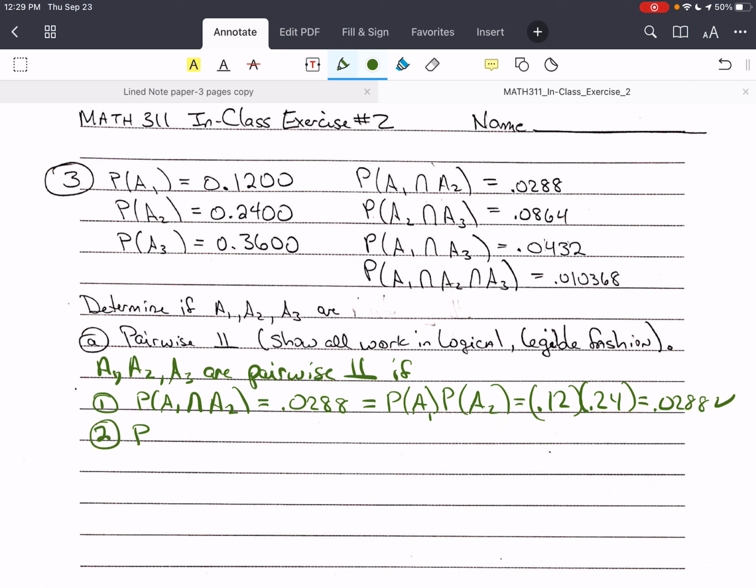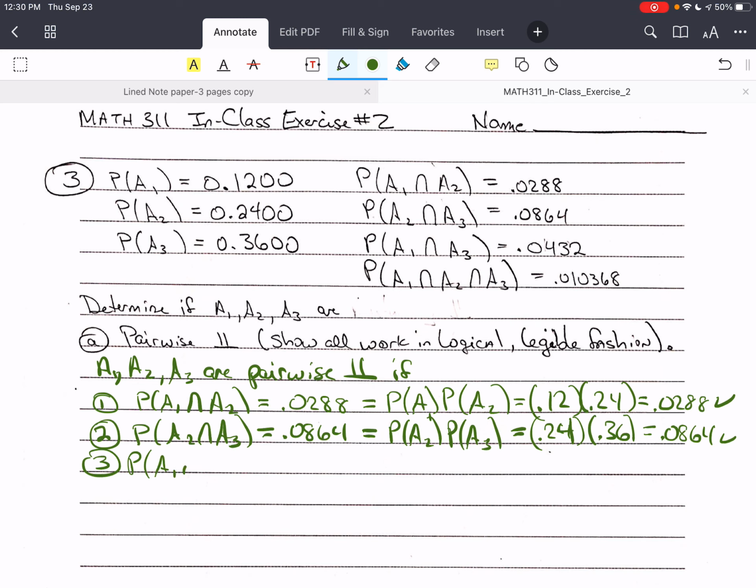Secondly, the probability of A2 and A3, which is equal to 0.0864, if that is equal to the probability of A2 times the probability of A3, which would be 0.24 times 0.36, and that is in fact 0.0864, so that's true. And finally, the probability of A1 and A3 is equal to 0.0432.